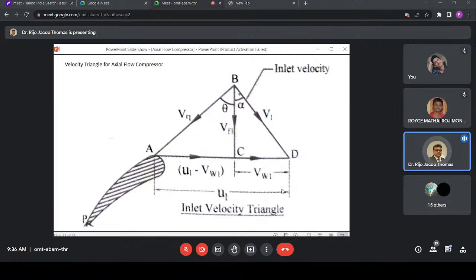And your resultant would be VR1, the relative velocity of the air with respect to the blade, and that makes an angle theta. V1, when resolved, gives VF1 in the axial direction and the whirl component VW1. So this would be U1 minus VW1.